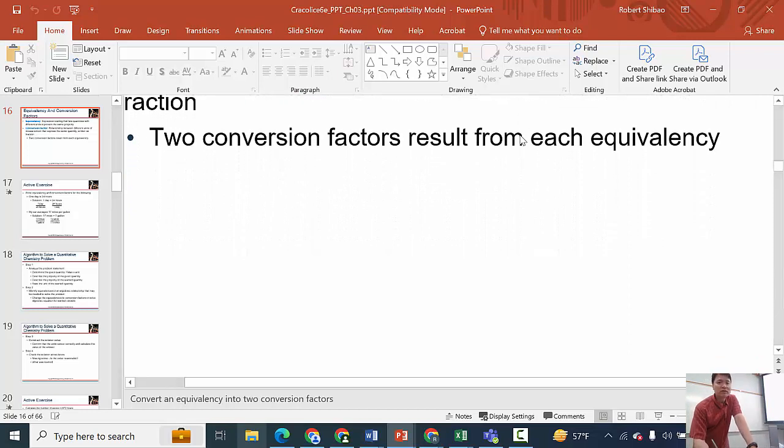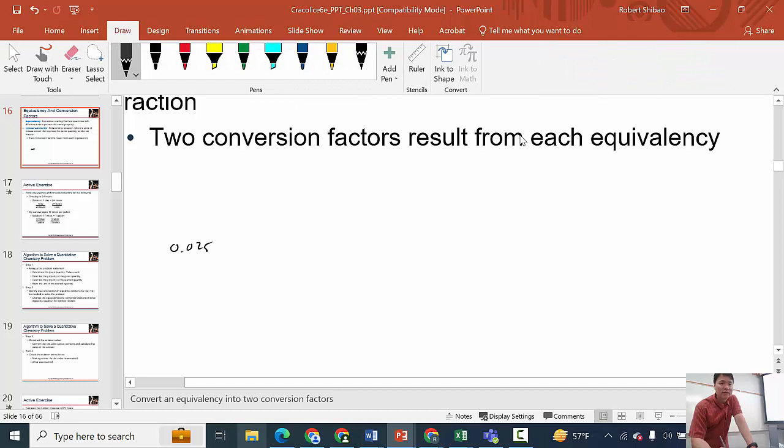So it says 2 conversion factors result from each equivalency. So 0.025 furlongs is equal to 1 rod. That's the equivalency.